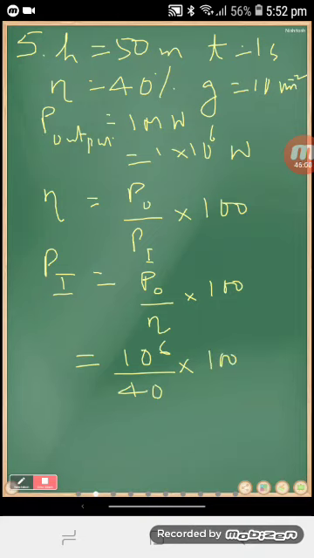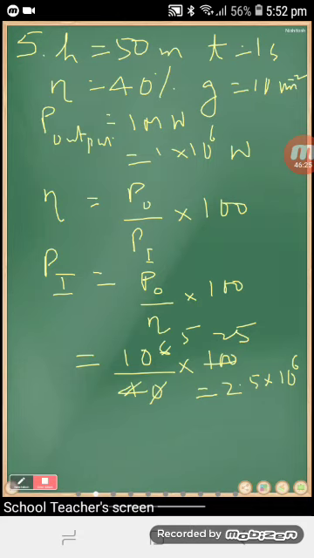When you solve this, we can write it as 2.5 into 10 to the power 6. This much watt.